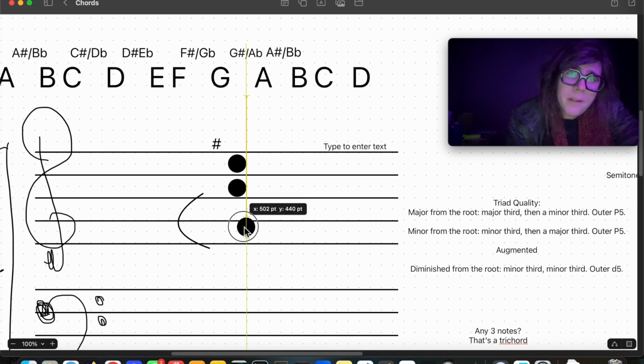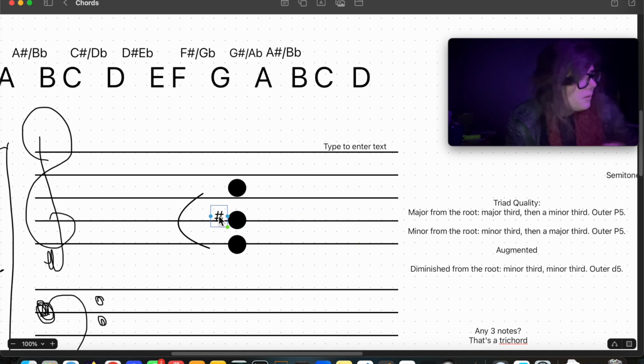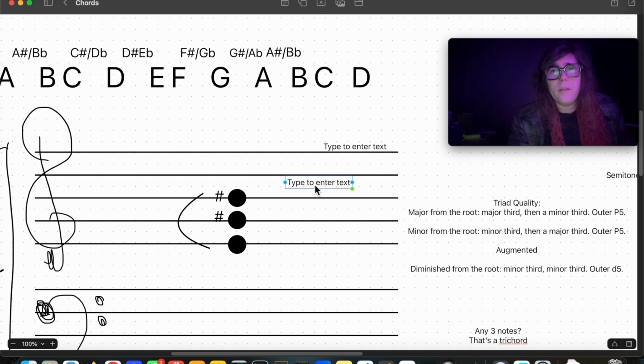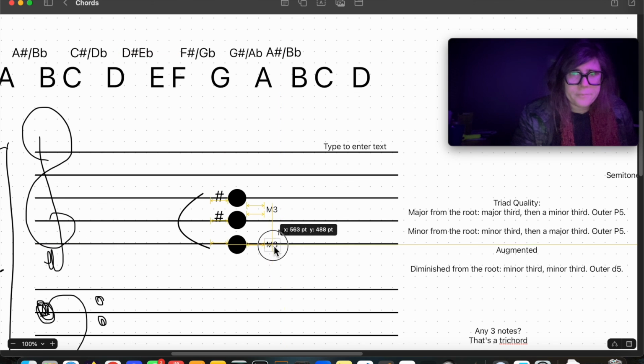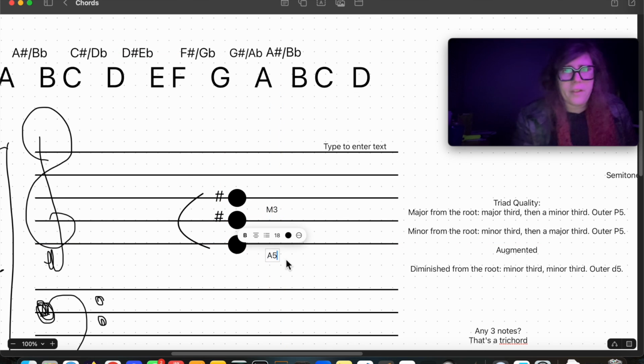If we're building an augmented chord off of E, it is most correct to say E, G sharp, B sharp. Most correct. And then we have here, I'll just be thorough. We have a major third, and then we have another major third, and then we have an augmented fifth on the outside.